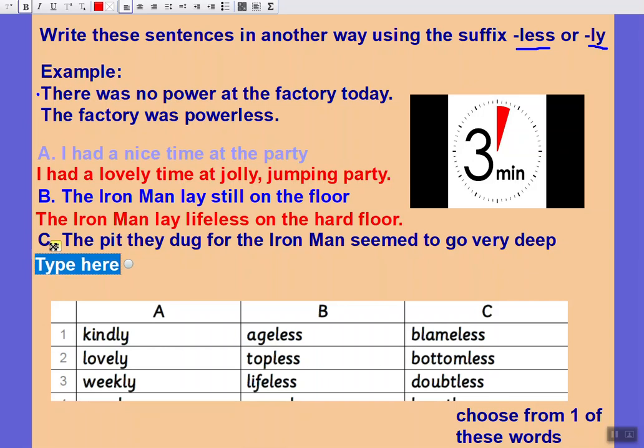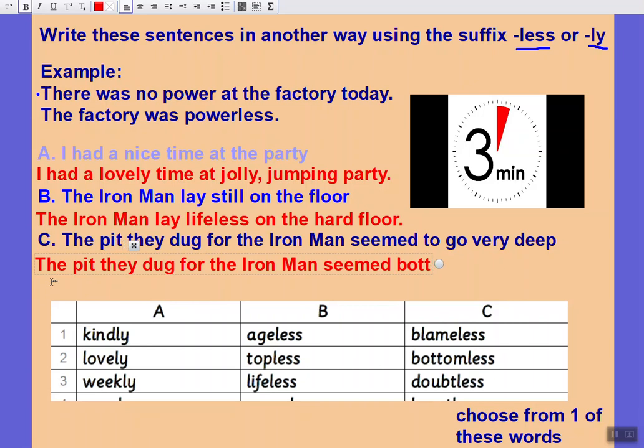Okay, and group C, the pit they dug for the Iron Man seemed to go very deep. So instead of very deep, I'm going to use the word bottomless. So although it's not actually bottomless because we've got seemed in here, we're saying that it seemed bottomless. The pit they dug for the Iron Man. Oh, spelling mistake. That's why we need to make sure we're always checking. Seemed bottomless.